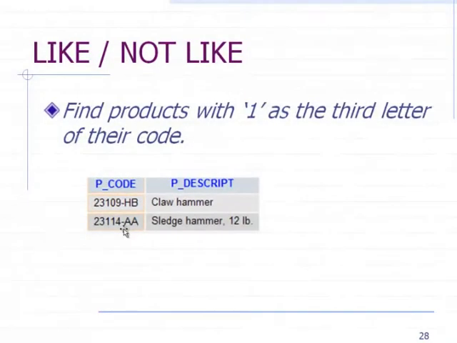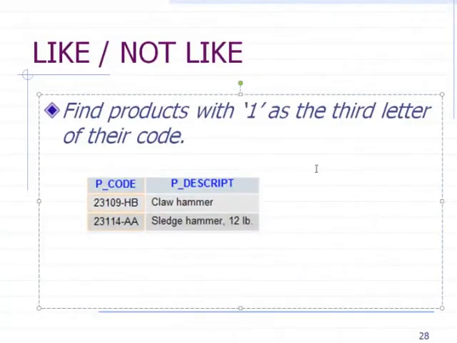And then, as the last example for this pattern matching, suppose we want to find products with 1 as the third letter of their code, product code. So we will use product code. And for example, in this result, you can see the third letter is 1. And after 1, any number of characters can follow.